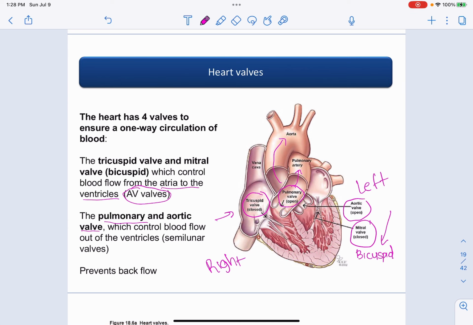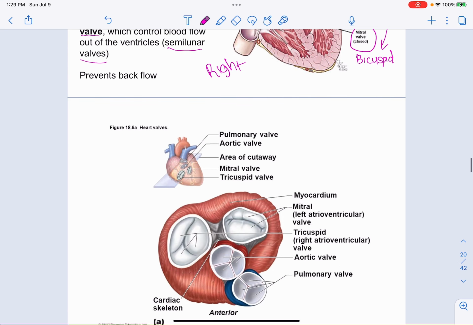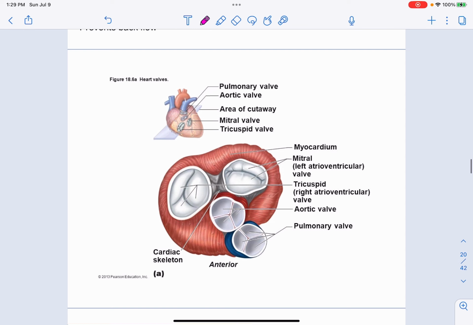They are also called semilunar valves because of their appearance. So let me show you what these valves look like so you can see why they were named the way they are. All right, so this is like taking a transverse section, so like taking off the top portion of the heart and looking down at the valves so you can see what they look like and why.